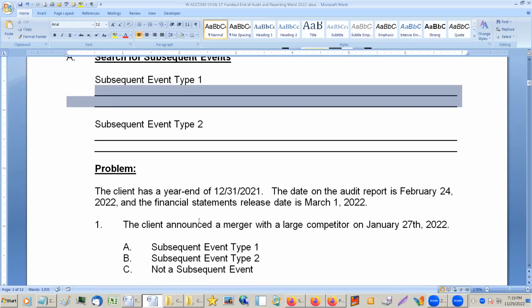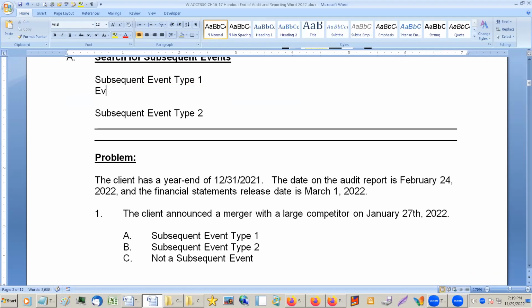Okay. Subsequent event, type 1: events that existed at the balance sheet date.